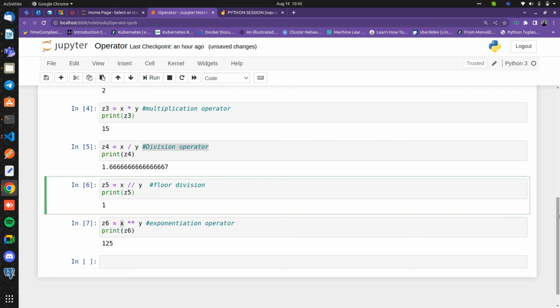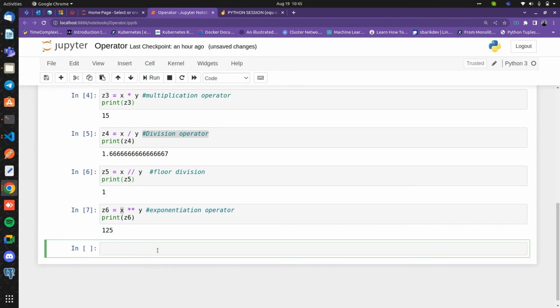Okay, and the last operator inside the arithmetic operators is my modulus operator, x modulus y. This is called my modulus operator.